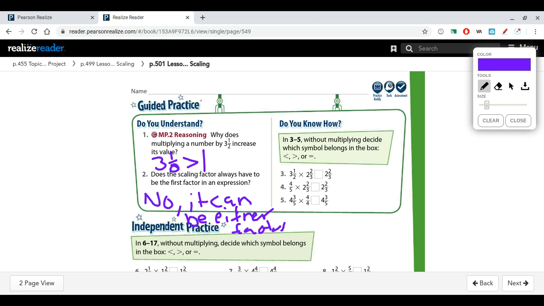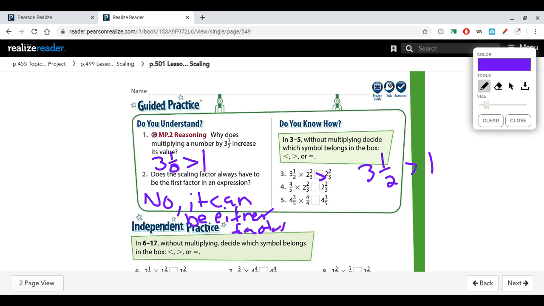So if I have 3.5 times 2 2/3, is that going to be less than, greater than, or equal to 2 2/3? So I take a look at both factors. 3.5, actually I'm going to look at 3.5 because I'm comparing it to 2 2/3. 3.5 is greater than 1.